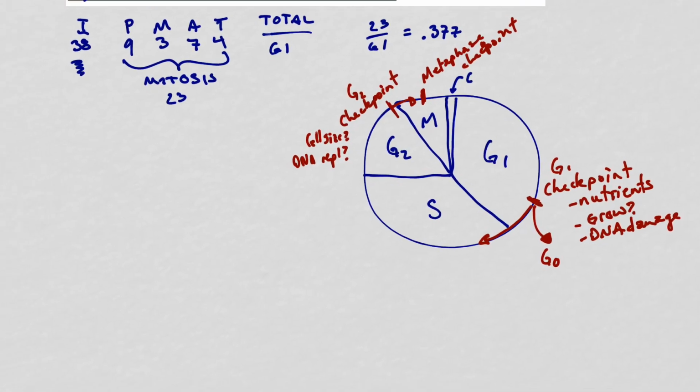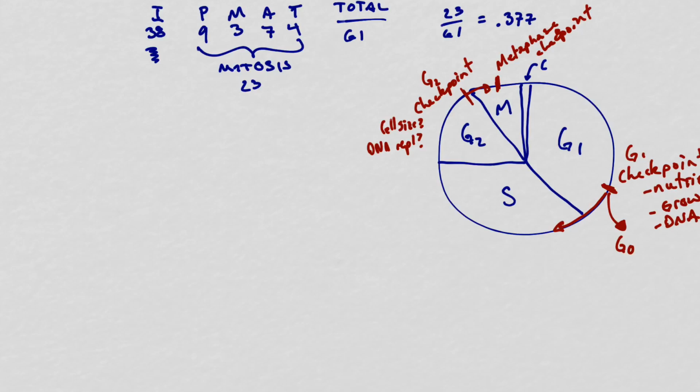So how does it do this? It does all of these checkpoints using a kind of protein called a cyclin. That's nice and easy to remember. There's a protein called a cyclin that does some of these things.